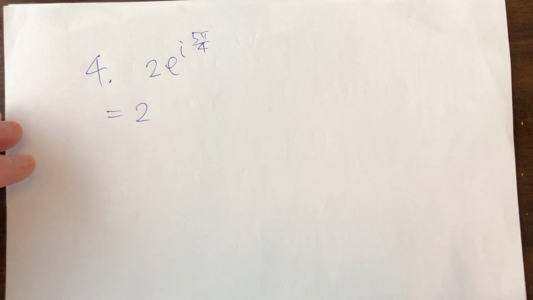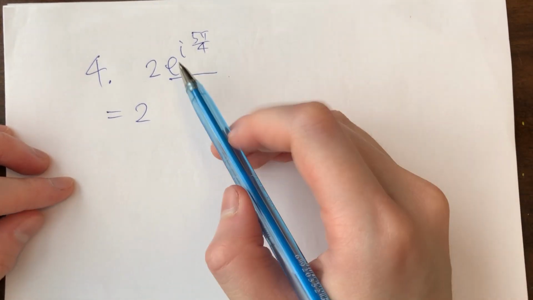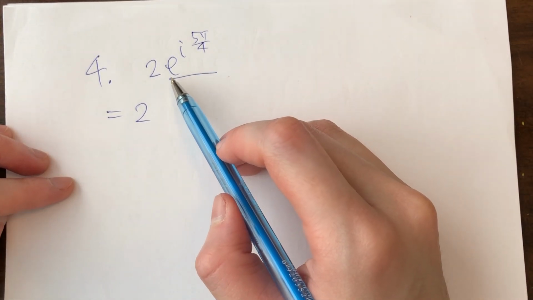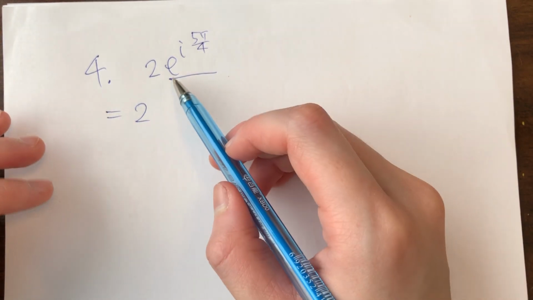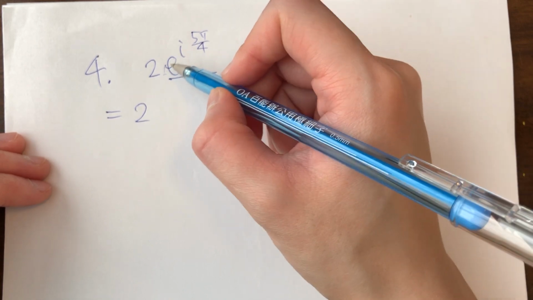Let's see an alternative way of evaluating this. So for this e, we know that the modulus, the absolute value of this, is certainly 1, right? It's just the coefficient in front of this e, which is 1.